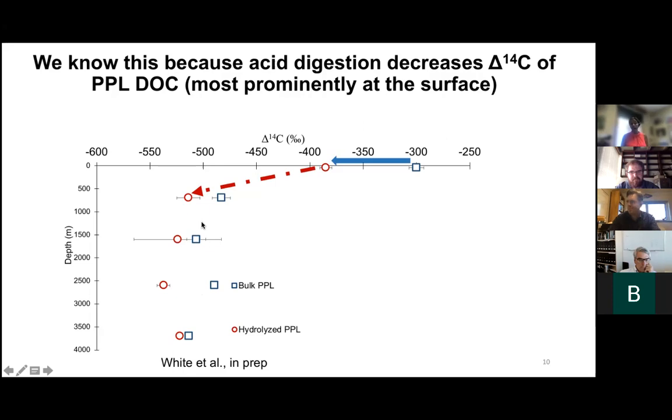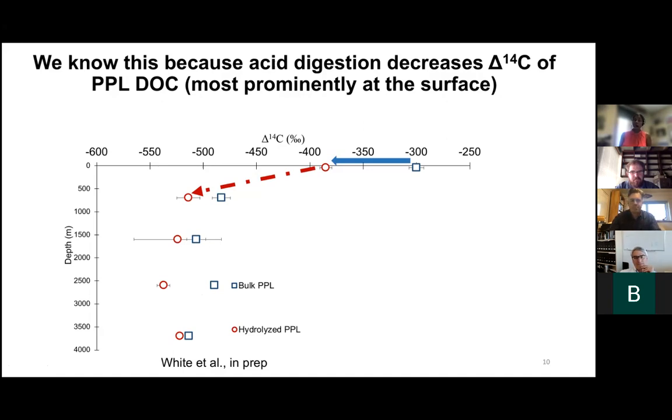And in fact, we really don't see values that exceed -550 in the deep ocean. So if we were to take these data together, we would say that for the hydrolyzed or the acid digested component, we do see it isolating a more refractory component, as suggested by the decrease at depth.